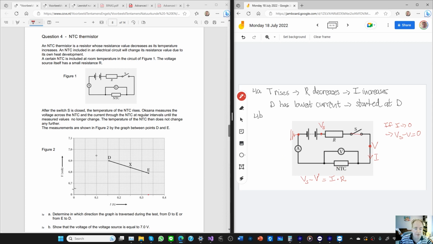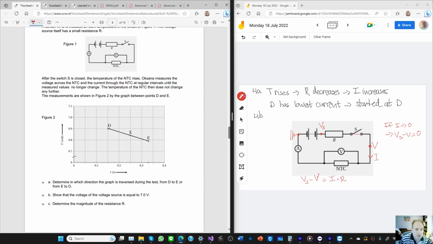And in the graph, that would mean you reduce the current. Well, what happens if you extrapolate this to I is 0? Well, you can see, because of the lag, it's very wiggly. But it seems plausible from here that it is 7 volt.